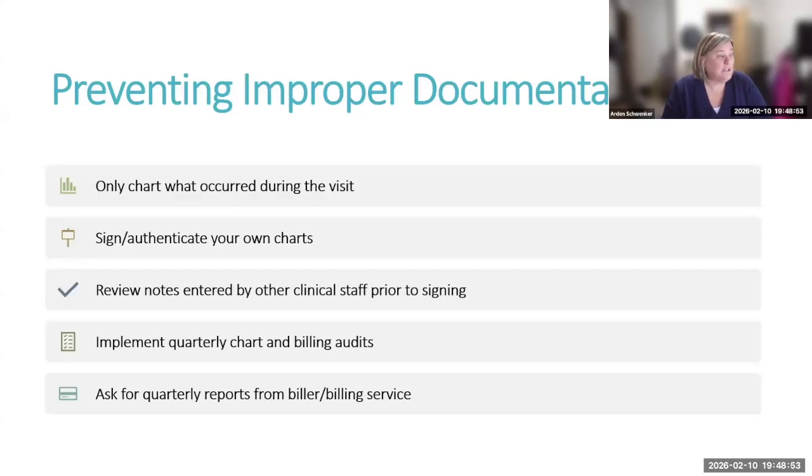You should have quarterly chart or billing audits from your coder or your biller, where they review your charts and come back to you with feedback on things you can improve. And ask for quarterly reports from your biller or billing service so that you know what's being billed under your NPI number.